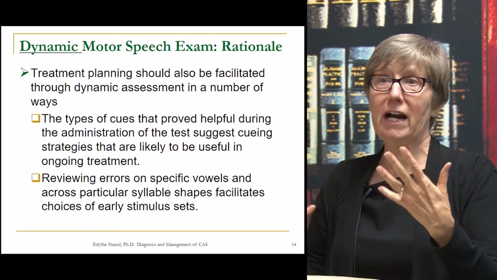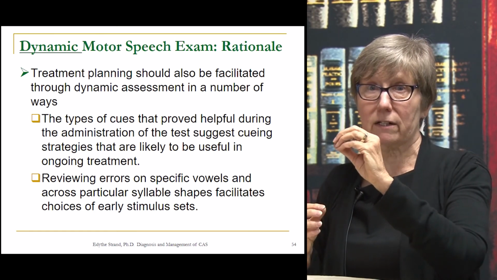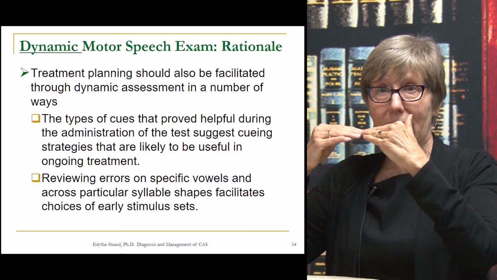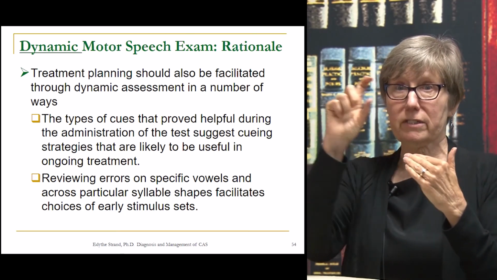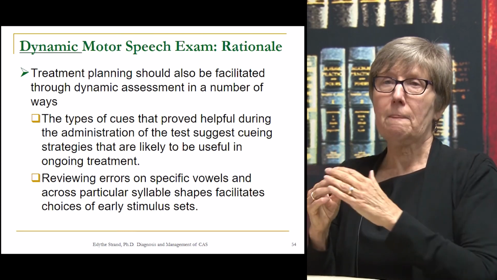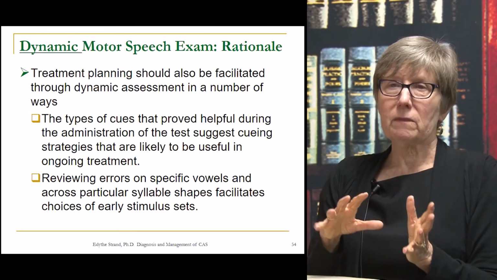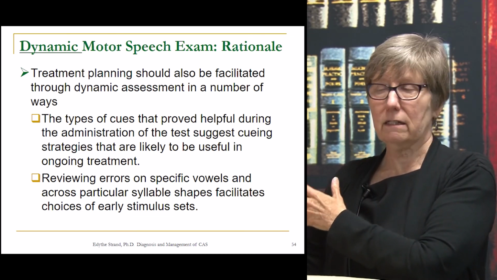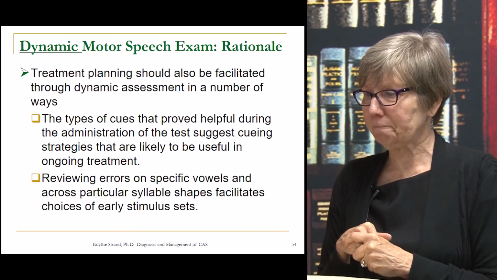For example, you're going to identify specific vowels that are quite distorted across co-articulatory contexts and really choose those in different syllable shapes as your initial target. We'll be talking about how to do that a little bit in this talk, and we'll have a lot of practice with that in the more advanced on-site sessions that we'll be having.